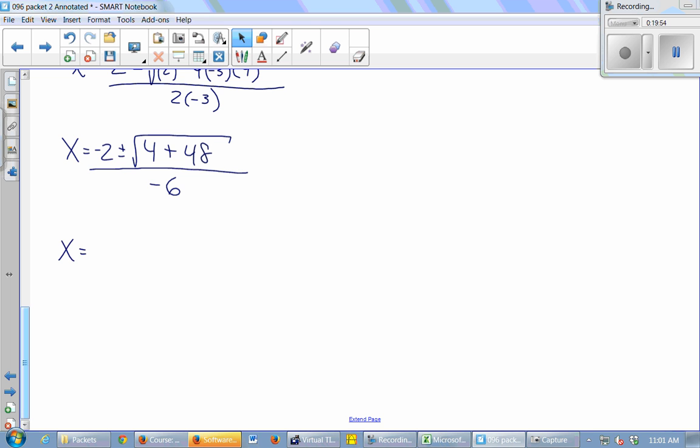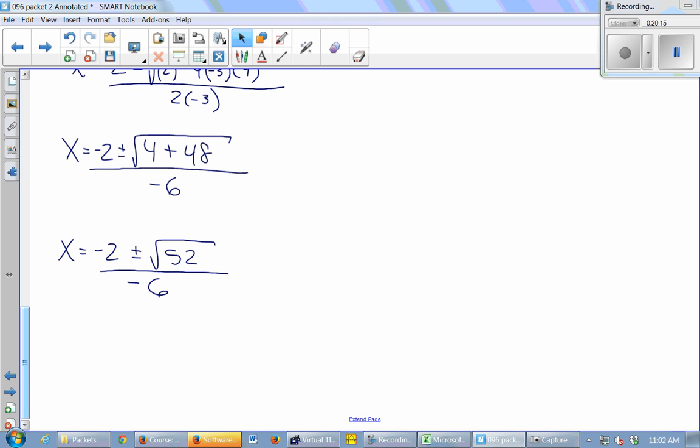So this becomes x equals -2 plus or minus the square root of 52 all over -6. Can that be simplified? Yeah, does 52 have any perfect square factors? 4? Yeah, 4 times 13 is 52.